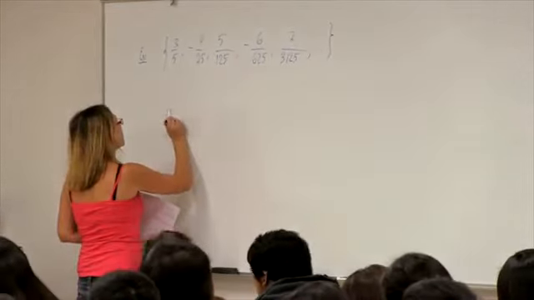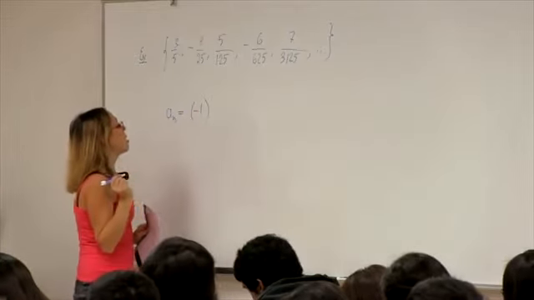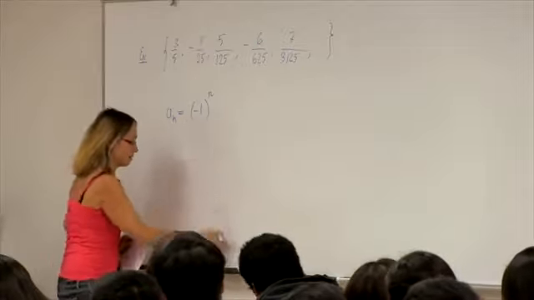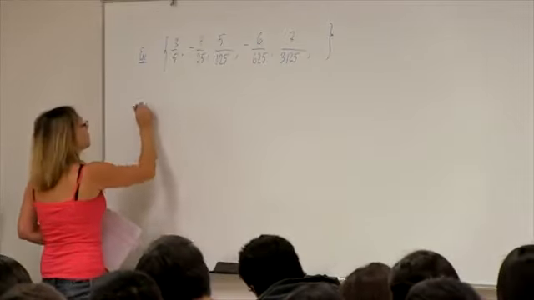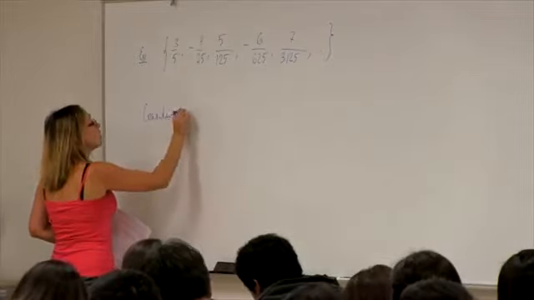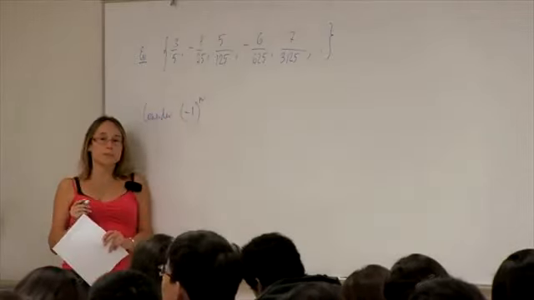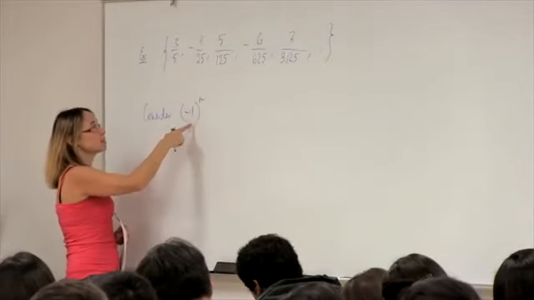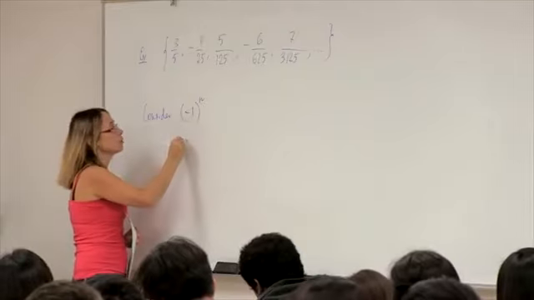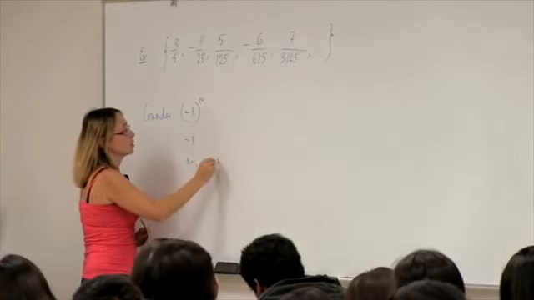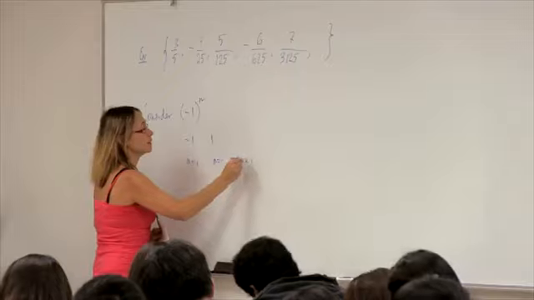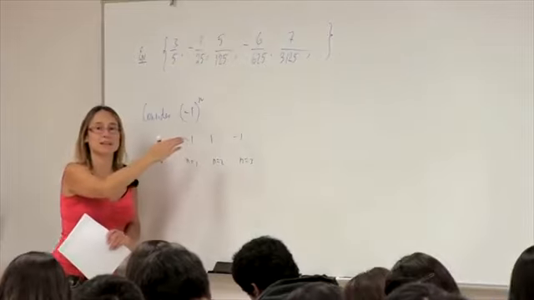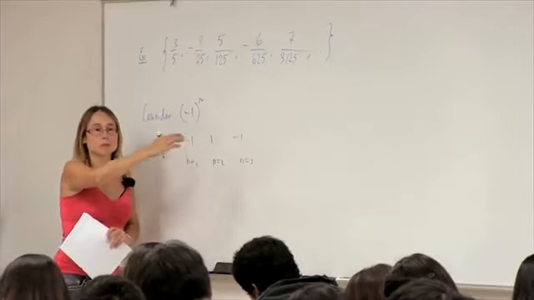So we have to say that an is going to be a multiple of -1 to a certain power. So actually, let me start like this. So consider -1 to the power of n. What is the sequence? So when n is 1, we get -1. n is 2, we get 1. n is 3, we get -1. So this is a little device that makes alternating signs: minus, plus, minus, and so on.